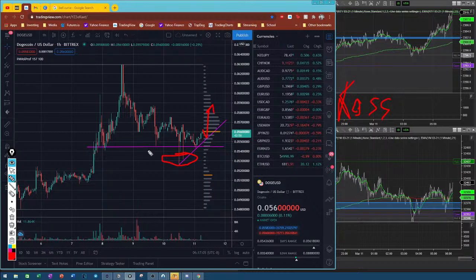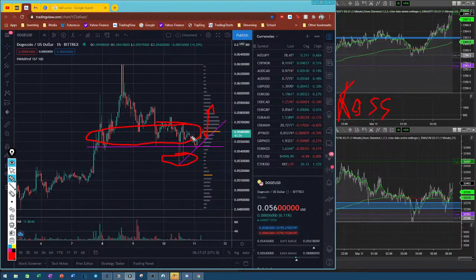So I would potentially be looking for this thing to bounce off this trend line and then continue higher. I like the way that this bottom is looking. It looks like a very nice base. So as far as entry points go, I think this looks phenomenal, just because we're very close to all this volume. So we know people are positioned in this area, and therefore they're likely to defend their positions.